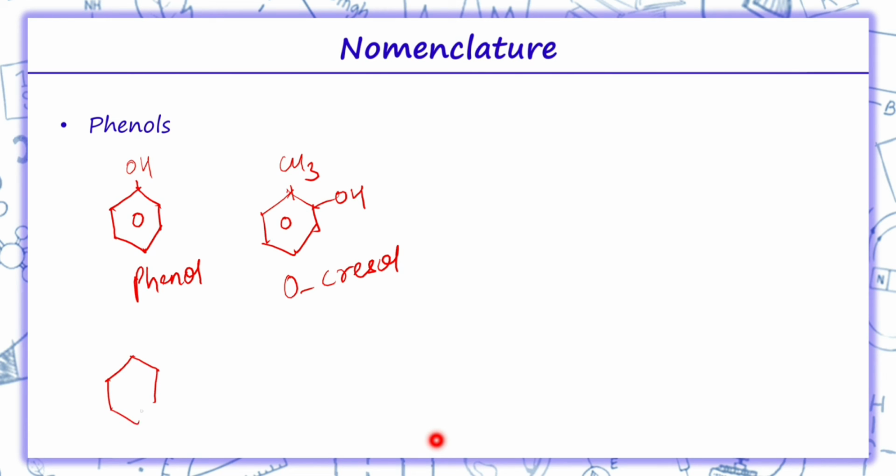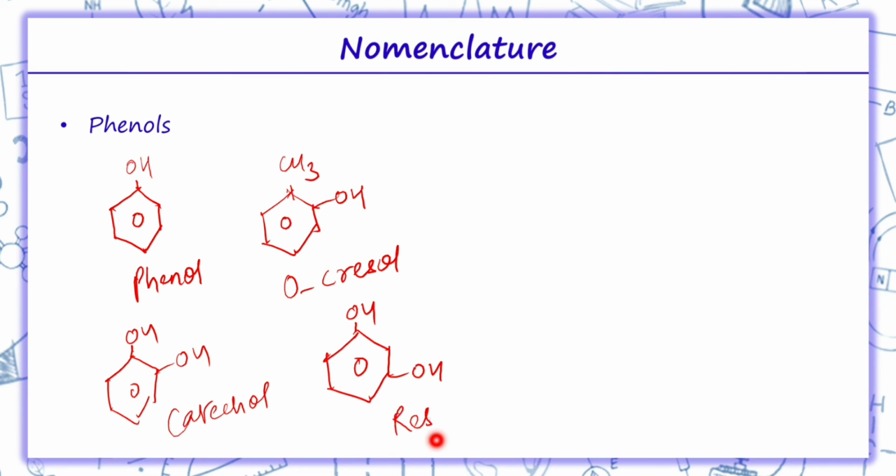When two OH groups are attached, this is known as catechol. When two OH groups are attached in the meta position, this is known as resorcinol. This is how nomenclature of phenols is done.